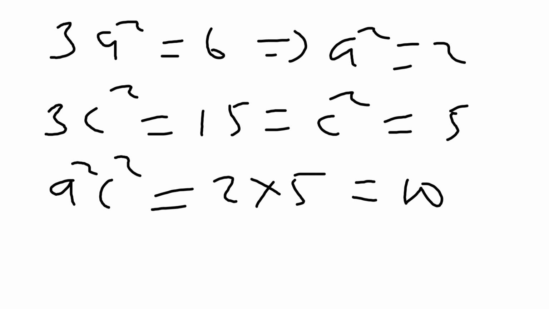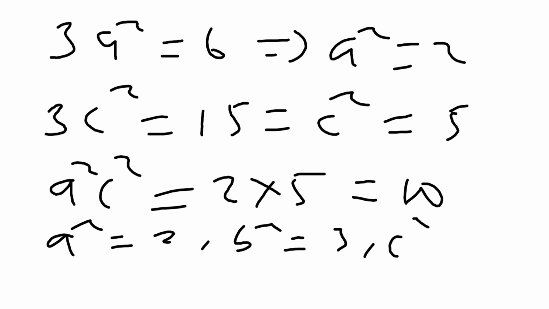So the middle equation is satisfied. Therefore, a squared is equal to 2, b squared is equal to 3, and c squared is equal to 5. If you sum them, a squared plus b squared plus c squared gives 2 plus 3 plus 5, which is 10. So equation 1 is also satisfied.